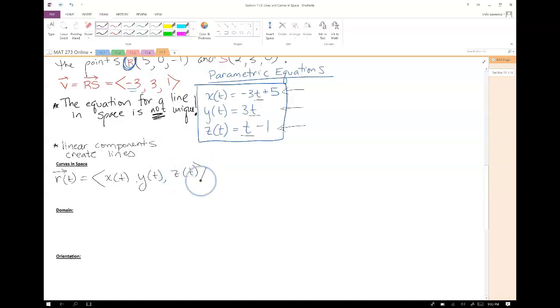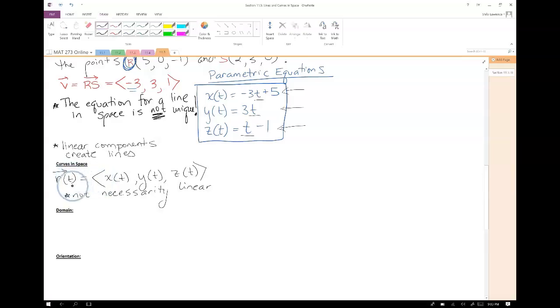It's still a vector valued function where each of our components is a function of t, but they are not necessarily linear. We could have quadratic functions, trig functions, square root functions, rational functions, and the curve that this vector valued function creates would behave similarly to the functions that it's composed of.